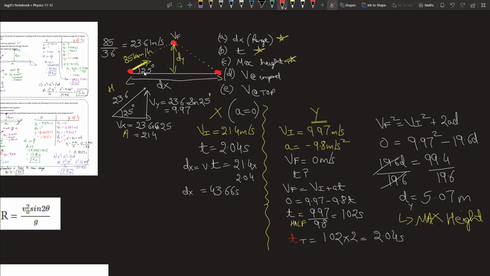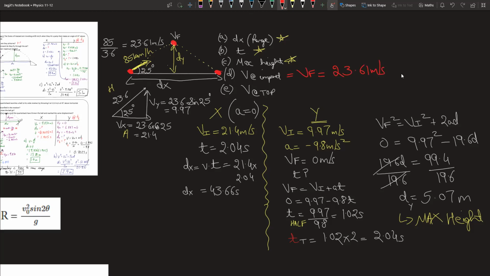No. If you leave the ground and you come back and hit the ground, in y direction, your displacement is nothing. Whenever you're at the same height, whatever velocity you left with, you're going to come back and hit at the same velocity. So your velocity at impact, which is just your Vf, is going to be the exact same velocity, the one it left at, 23.61. So it'll come back and hit at 23.61 meters per second.